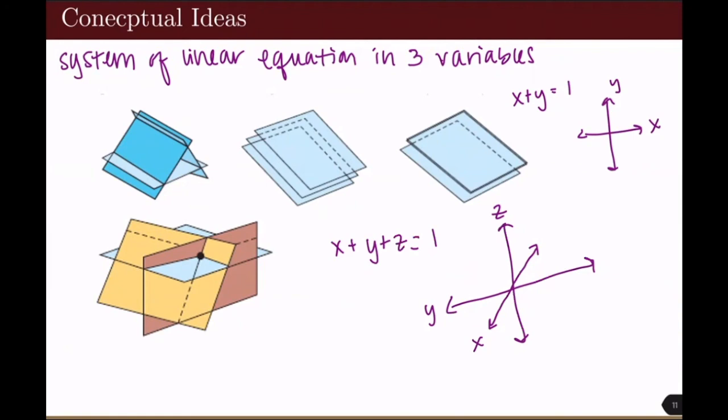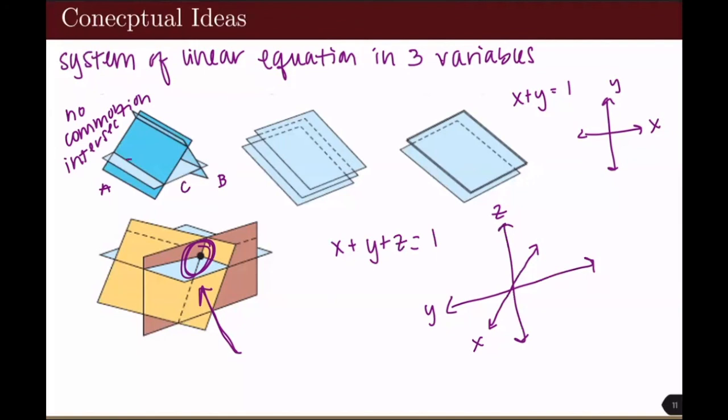So when we have 3-dimensional objects like this, they can intersect at one point, which is what our solutions have been. They also can have no common intersection, which is this one. If you think about this, this is plane A, this is plane B, and then plane C is in the middle.